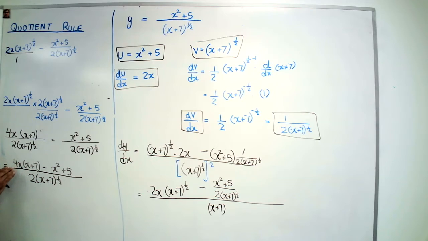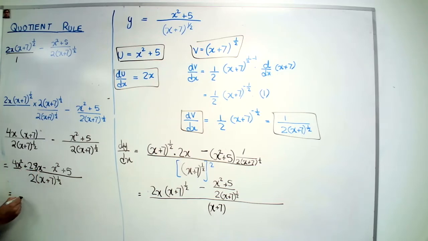Now this 4x(x + 7), before it will be multiplied, I will just multiply it in the same step. So I will just rub that bit and simplify this. 4x times x is how much? 4x². And 4x times 7 is 28x.